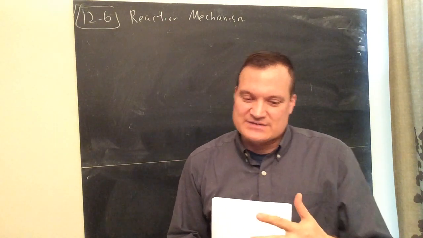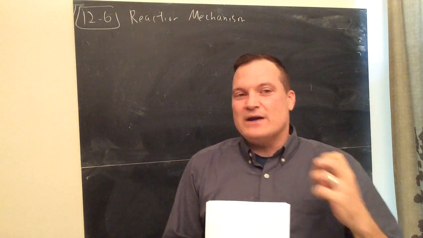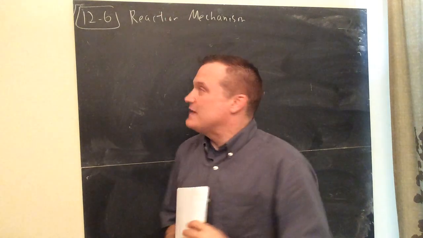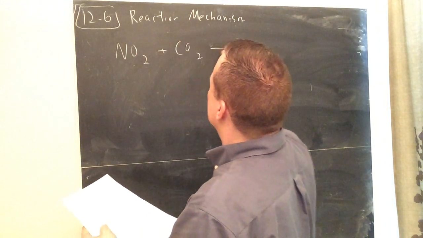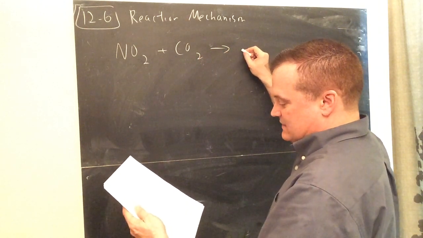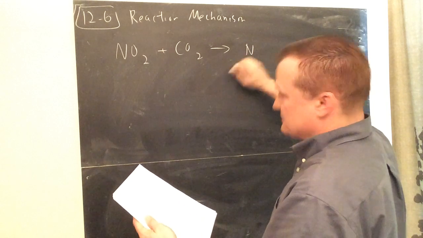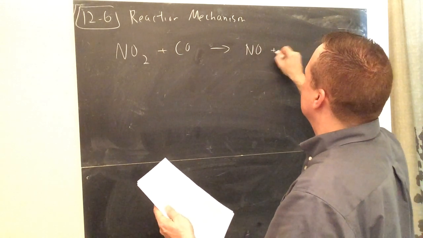In reaction mechanism, you're trying to map out step by step what happens when two chemicals, for example NO2 and CO, react to produce NO and CO2. I'm sorry, NO2 and CO give you NO and CO2.